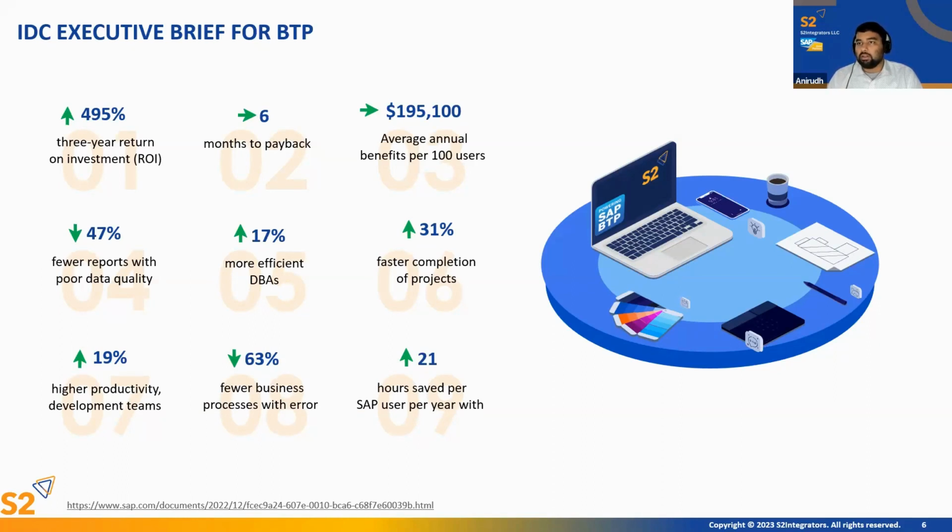So if you see the faster completion of projects, or the ROI, the payback, or even the 63% error reduction, that is a dream from any data quality perspective, or even in terms of man hours, right? Resource constraint is always an issue, at any point of time. So these are some of the things. We'll be sending out the document as part of the follow up to our webinar.